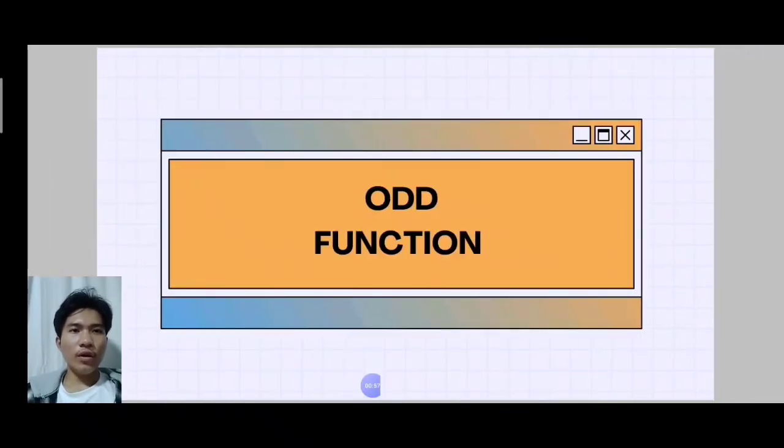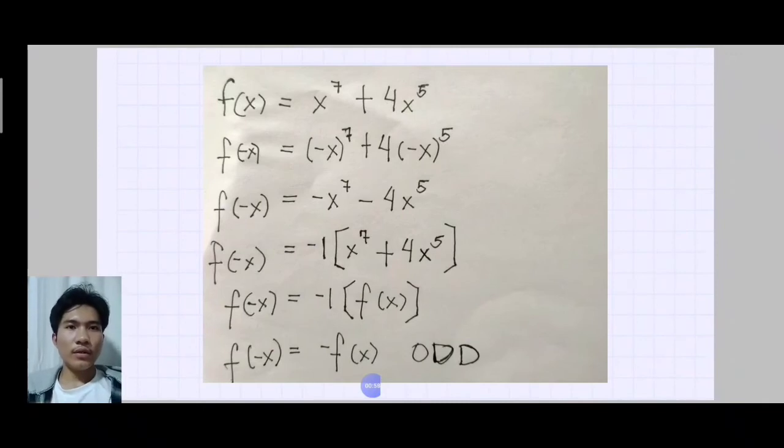Example number 2, odd function. F of x is equal to x to the power of 7 plus 4x to the power of 5. We know that 7 and 5 are odd numbers. So let x equal negative x. So it is negative x to the power of 7 minus 4x to the power of 5.